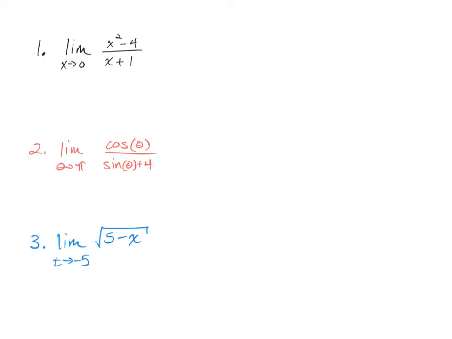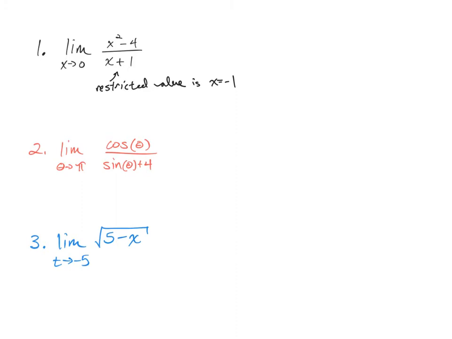On this slide, we will look at directly substituting a specific value into the function. So in the first example, when you look at this function that we're trying to find a limit for, you'll notice that because this is a rational function, the restricted value is x equals -1.